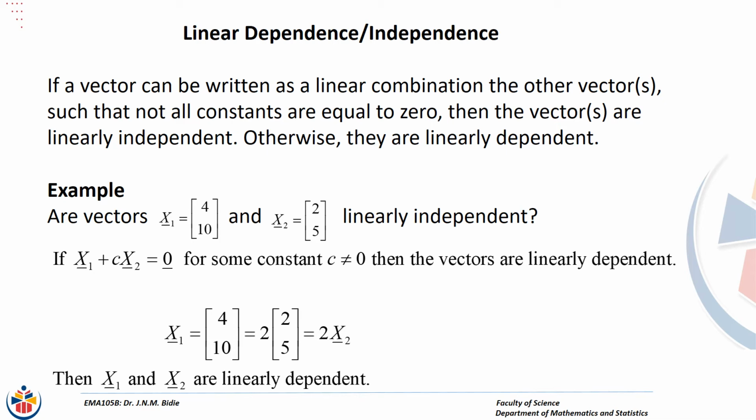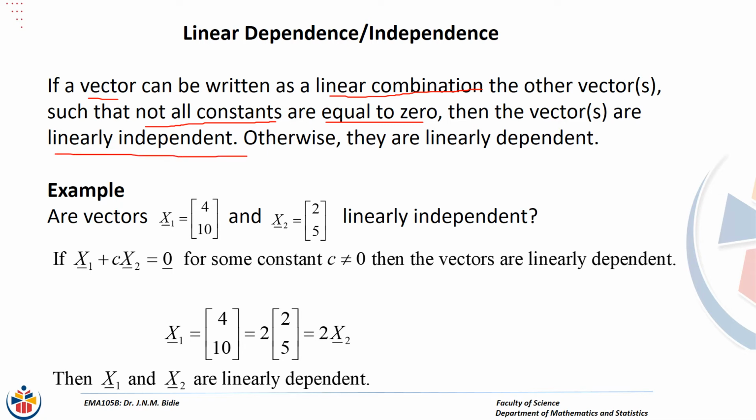If you can write one vector as a linear combination of the other two vectors, and then you can be able to calculate the constants and discover that not all the constants are equal to 0, then we say those vectors are linearly independent.